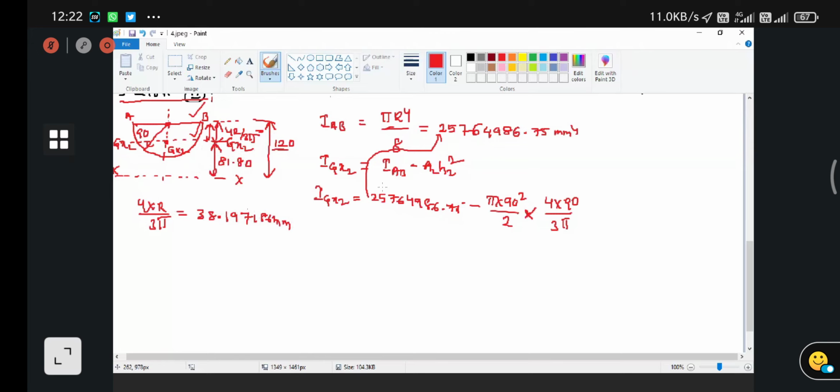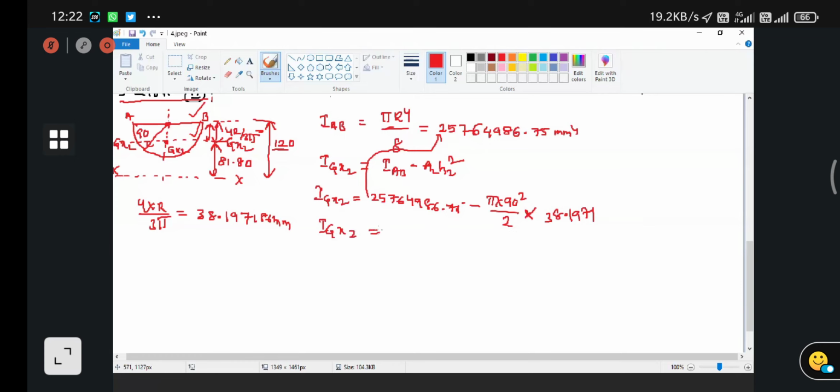Okay, now see here. This total 4r by 3 pi value I am replacing with 38.1971. So just subtract or delete this, and you will enter the value 38.1971. Now the total value of Igx2 you have to calculate.